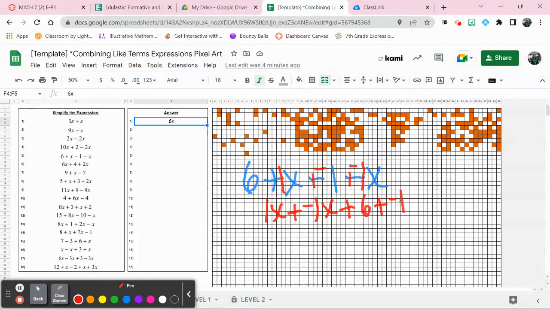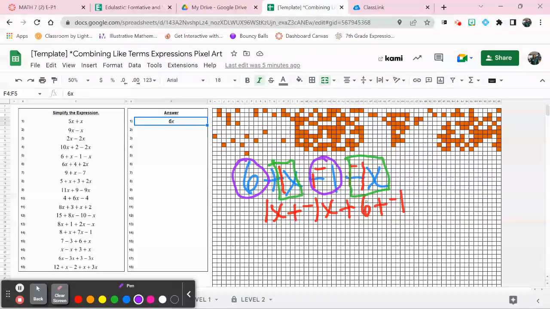Another way to do it is put different shapes or colors around things that you can combine. For instance, I can put my x's with my x's. So I could do this, make sure you get the signs inside your shape, and then I could do a different color or a different shape for my constants. So now I know that the circles can go with the circles, the squares, or whatever you want to call those, rectangles can go with those.